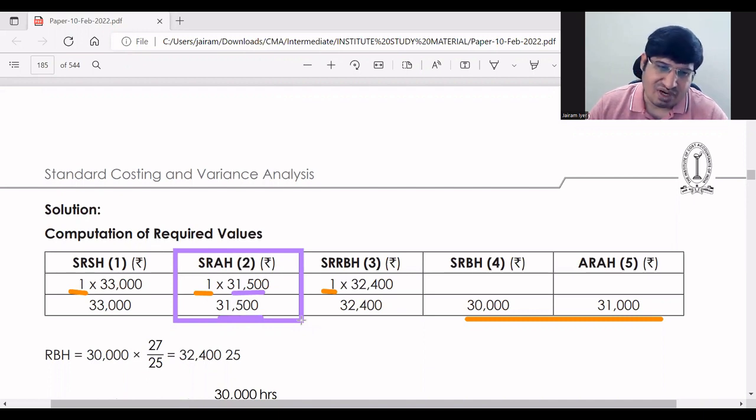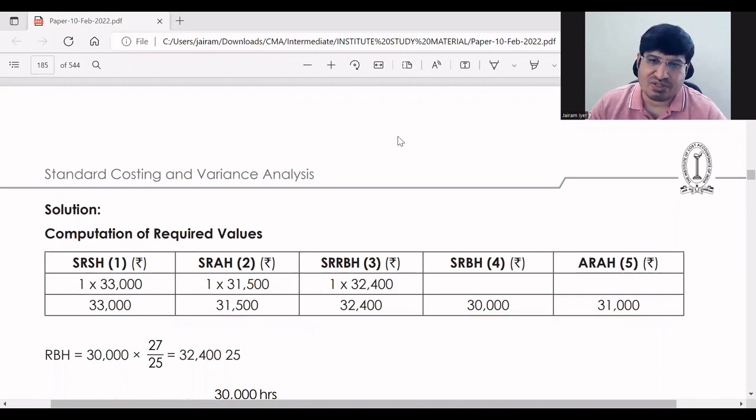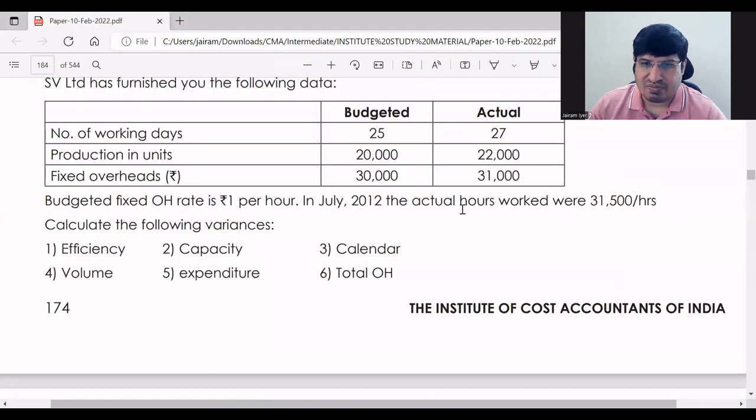Now we have to compute the hours of first and third. So second, fourth and fifth we are fine. I'll show you this 31,500 there in the problem. Right, so that is done.